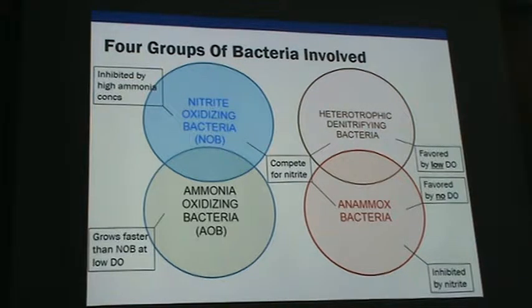The denitrifying bacteria are favored by low DO, but the Anammox bacteria are favored by no DO. So now it becomes critical that we control the Anammox reactor by having 0 DO during that part of the cycle. So we freeze out the growth of the denitrifying organisms.